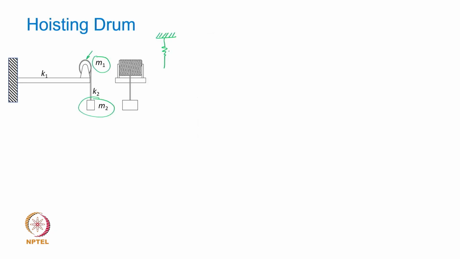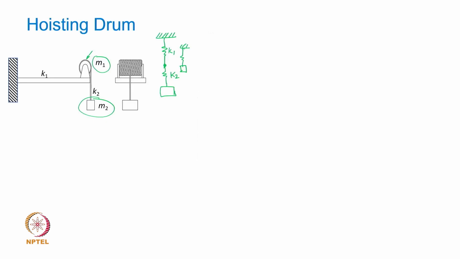With that assumption, the stiffness of the beam, which I can call right here as K1, was directly connected in series to the stiffness of the rope, which is K2 here, and the load being lifted was the only mass in the system. And then we converted this into an equivalent spring mass system, and then we evaluated the natural frequencies, and we said that's the way we model it and find the dynamic characteristic.